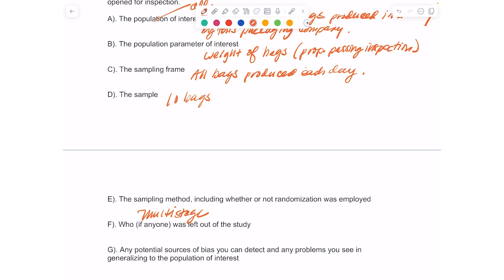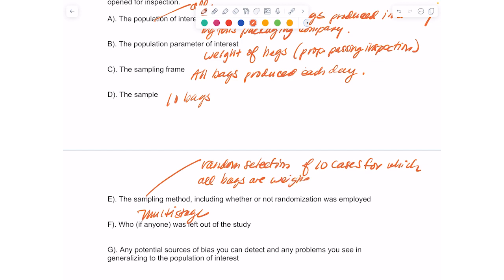So you can think of the cases as like the clusters, right? Or even stratified. So it's a random selection of your 10 cases for which all bags are weighed. Is a cluster sample.